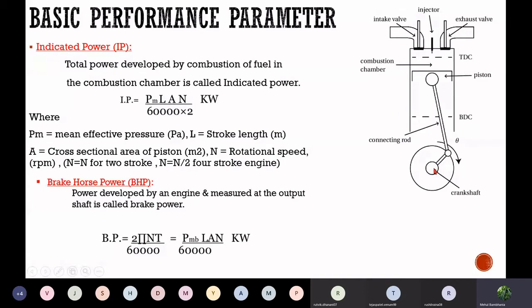We are generally interested in the available power at the shaft. That shaft is ultimately connected with the wheel or the motion through which we can get the forward velocity. So that shaft motion is ultimately transferred through this cranking mechanism.